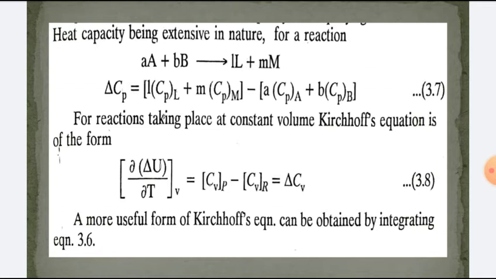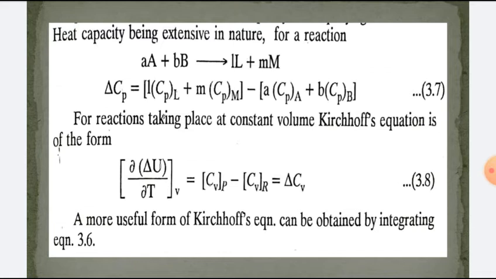Heat capacity being extensive in nature, for a reaction when A and B react with each other and give L and M, where small l are the number of moles of L and small m are the number of moles of M, the change in heat capacity will be given as equation number 3.7.